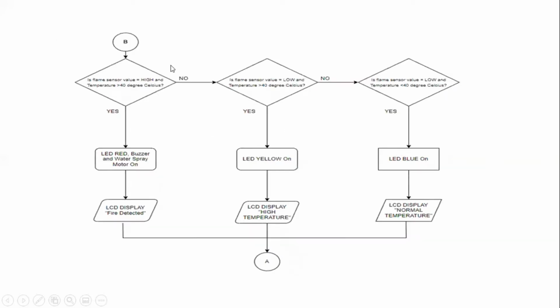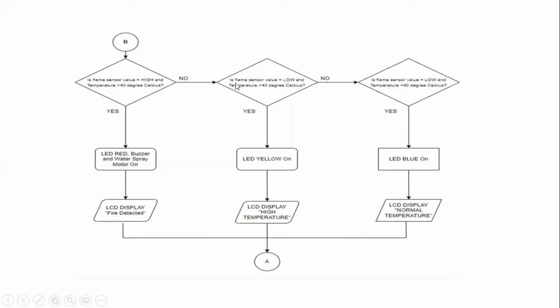So there are 3 commands that can be used. For the first command, if the flame sensor value is high and temperature is higher than 40 degrees Celsius, if yes, the red LED, buzzer and sprinkler spray motor turn on, and then the LCD will display fire detected.